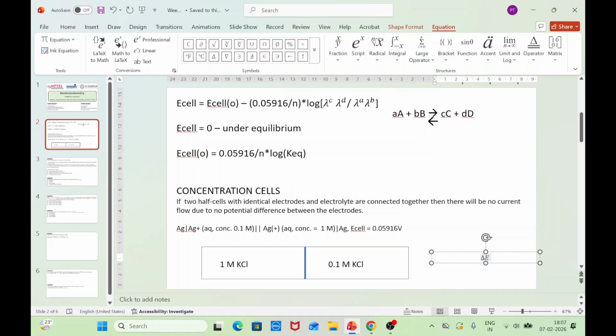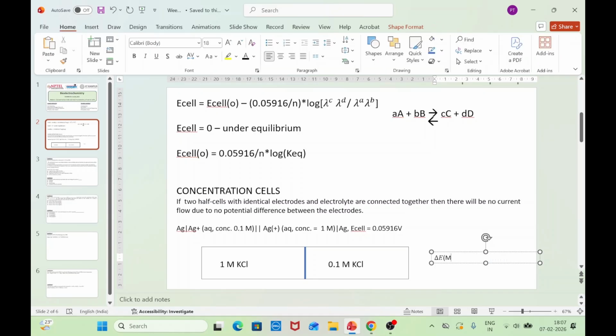delta E M plus is equal to RT by ZF, where Z again typically represents the number of electrons that are getting transferred or participating in the redox reaction, times ln of M plus ions outside by M plus ions inside the electrochemical cell.